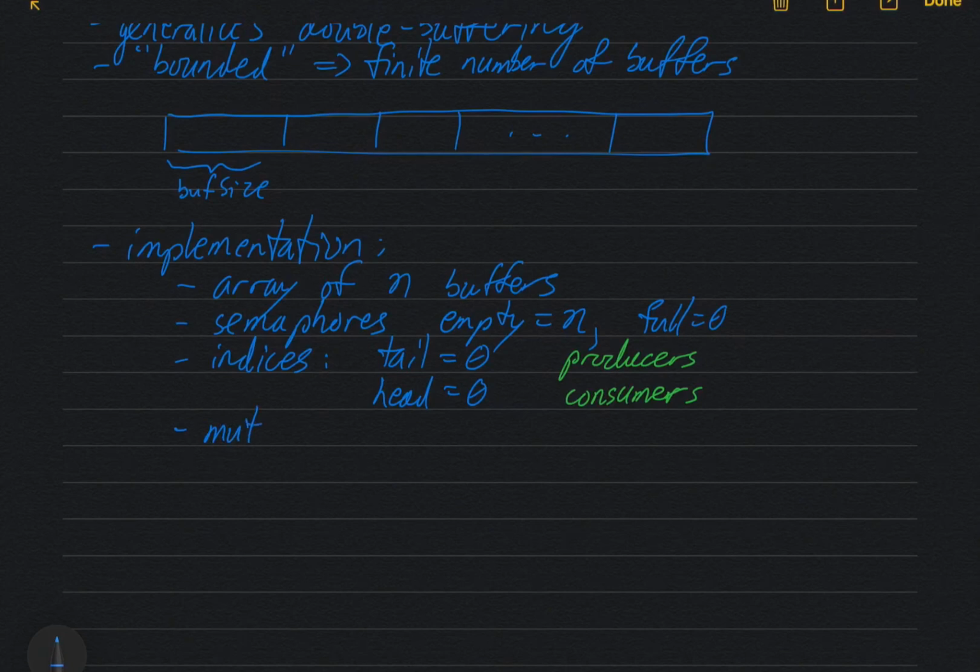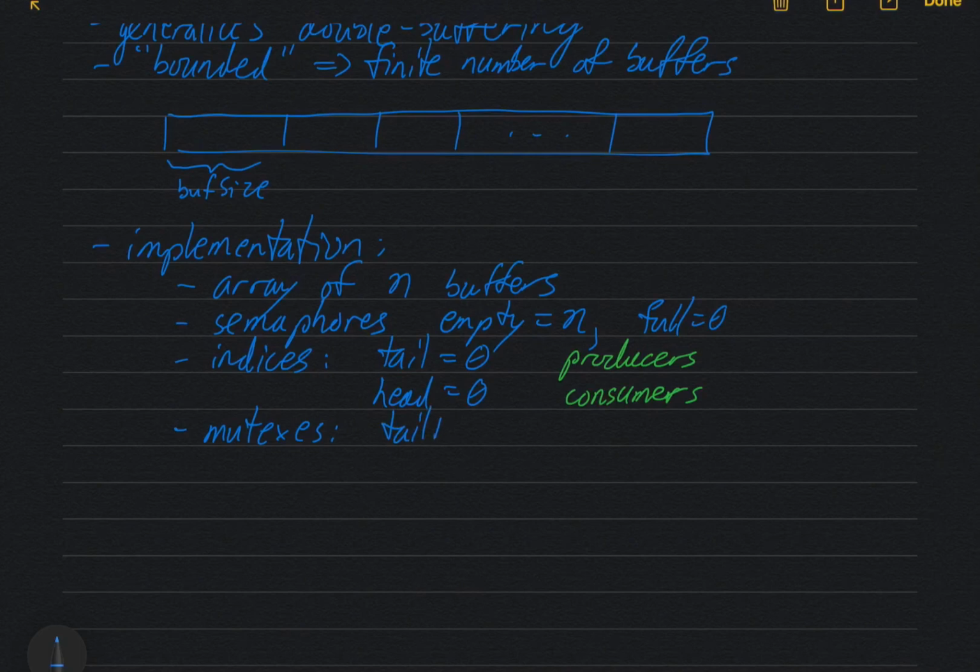So now we can have multiple producers and consumers in the general solution, and so we need mutexes. So the plural to indexes is indices, but I've looked this up, and the plural to mutexes seems to be mutexes. So there you go.